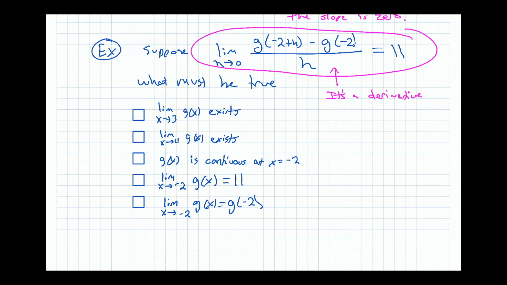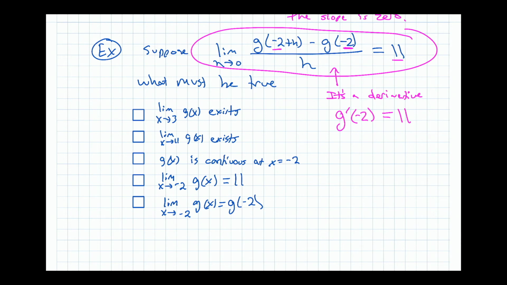Which derivative? It is g prime of what are they plugging into the derivative? They're plugging in a -2, right? That's the a. So it's g prime of -2. Okay. Now what is the result of g prime of -2? Well, that's this. So it's 11.